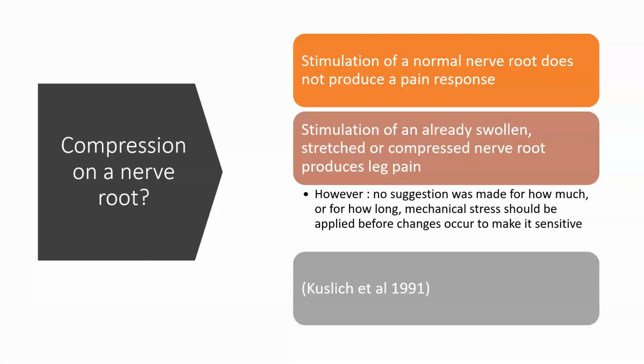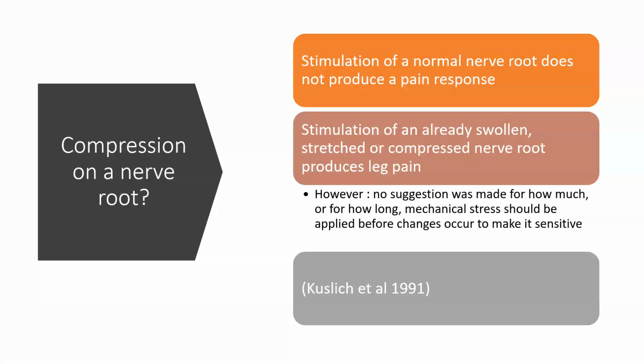There is some controversy about compression on a nerve root. According to some studies, stimulation of a normal nerve root does not produce a pain response. But a stimulation of an already swollen or compressed nerve root produces leg pain. The problem is, we don't know how much pressure we need, how long the pressure has to be there, how much mechanical stress should be there before those changes occur so that the nerve root becomes sensitive.